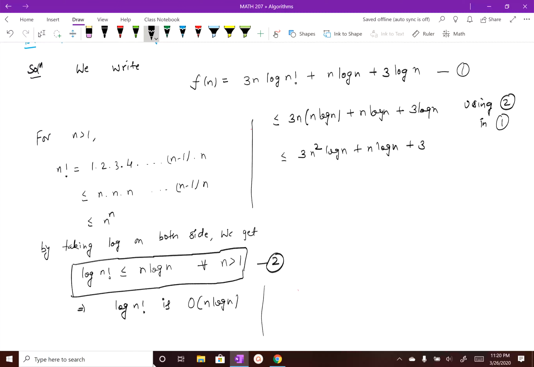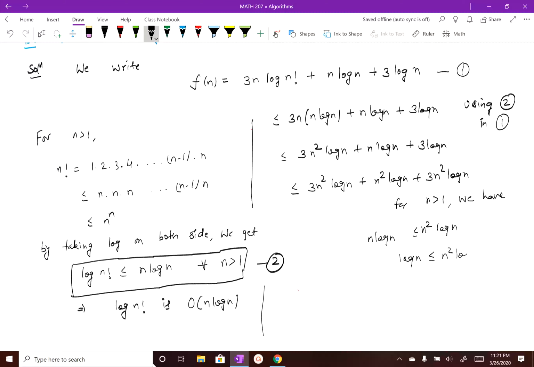and which you can say is less than or equal to 3 n square log of n plus n square log of n plus 3 n square log n, because for n greater than 1 we have n square log of n is going to be greater than or equal to n log of n, and log of n is going to be less than or equal to n square log of n.